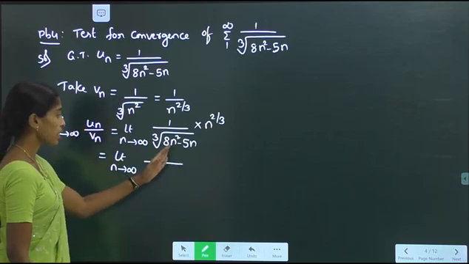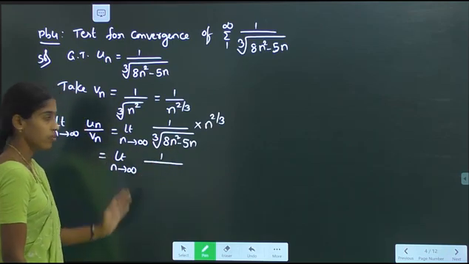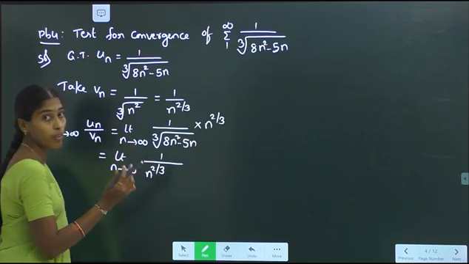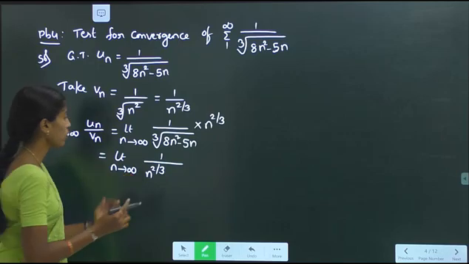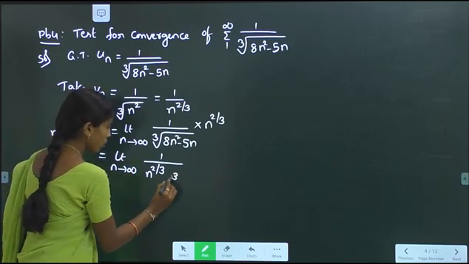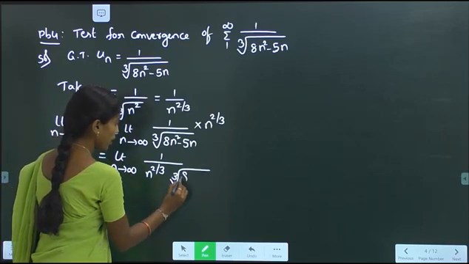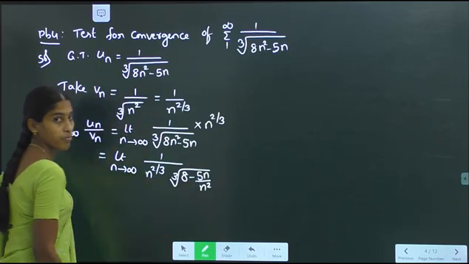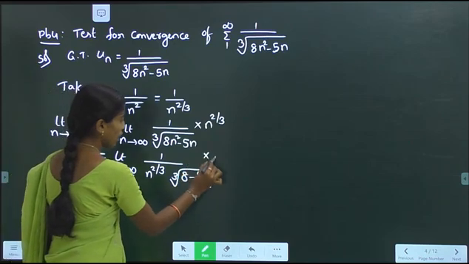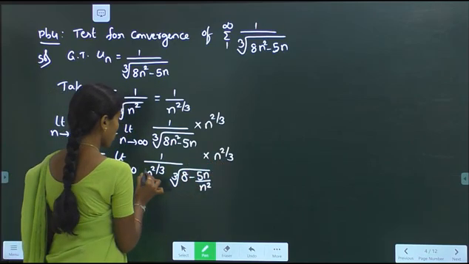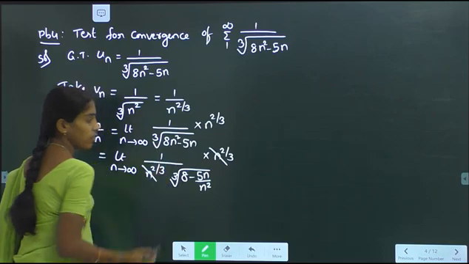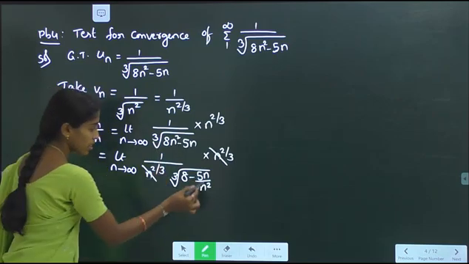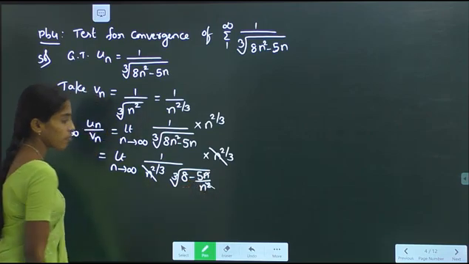Taking common n square from the cube root, it becomes n square outside, and by 3 we get n square into cube root of 8 minus 5n by n square, into n power 2 by 3. It gets cancelled. 5n by n square, this n cancels with the denominator.